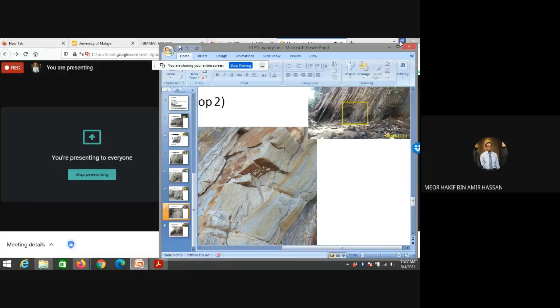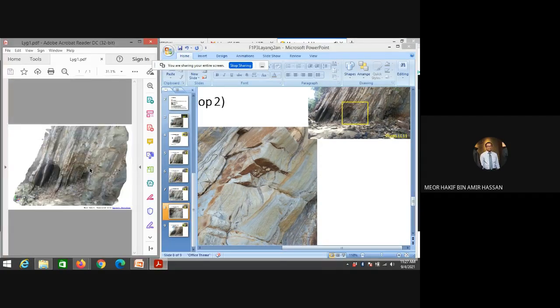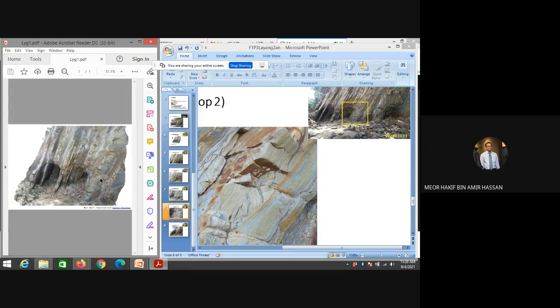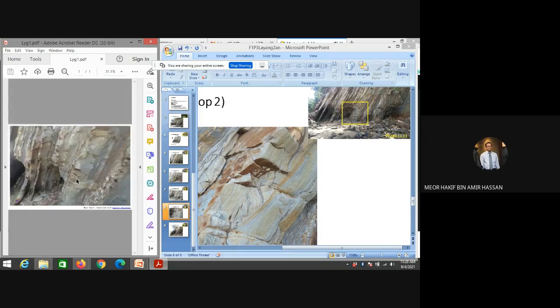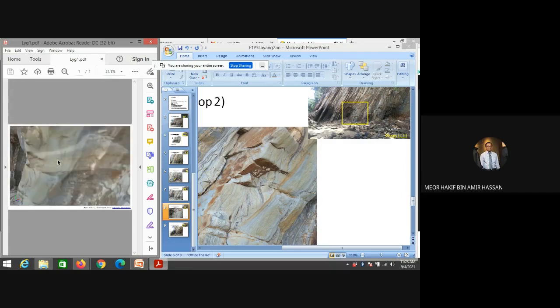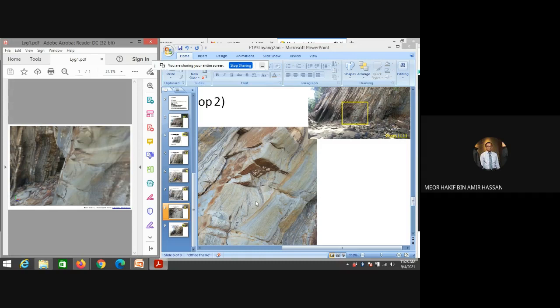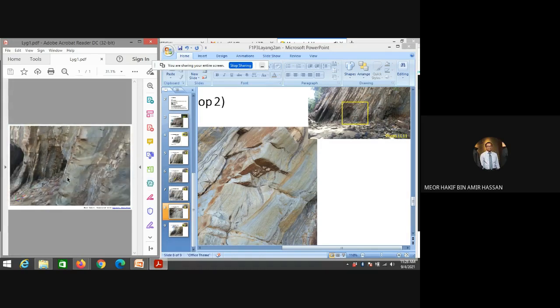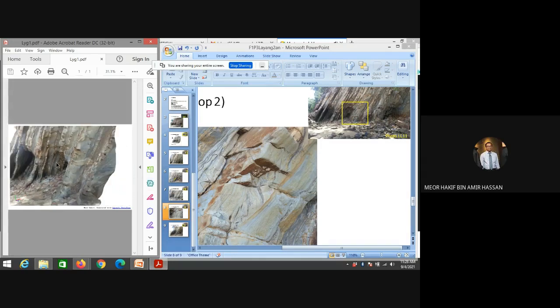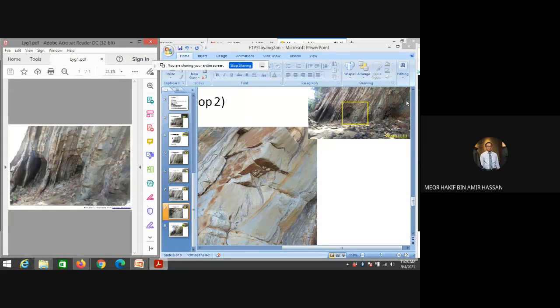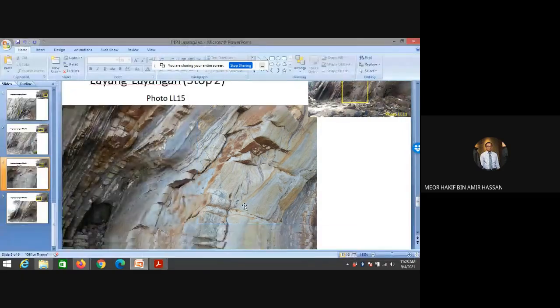Let me show you where it is on the 3D model. Here, it's here, right? So you can zoom in there if you want. The details are much better in the photos, but you can see the same part here and here. So you need to alternate between the 3D model and the photos. Okay, go back to the photo here.